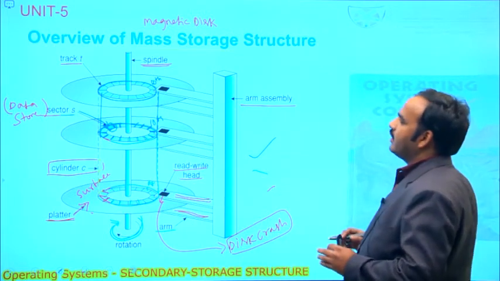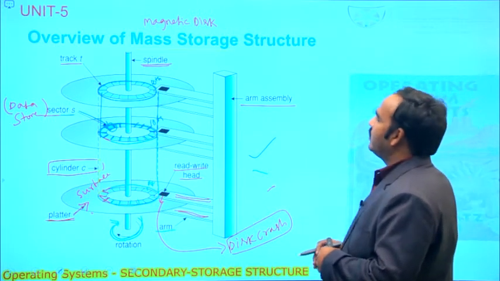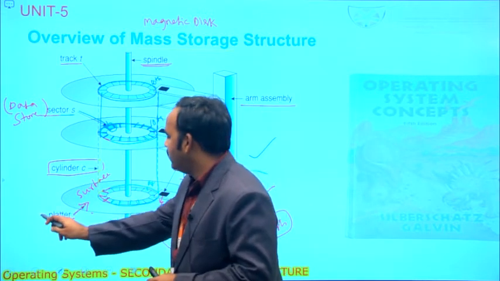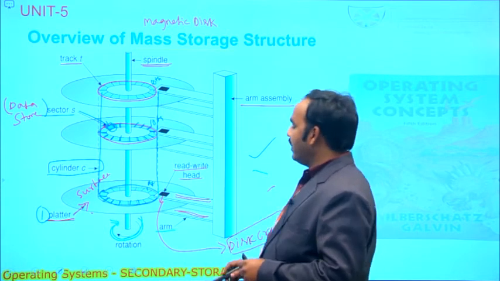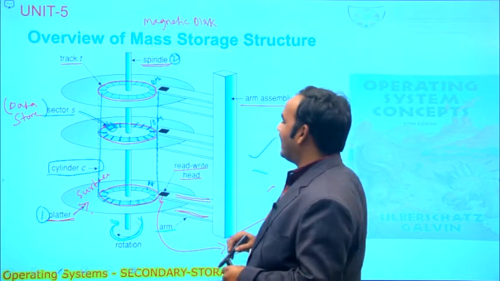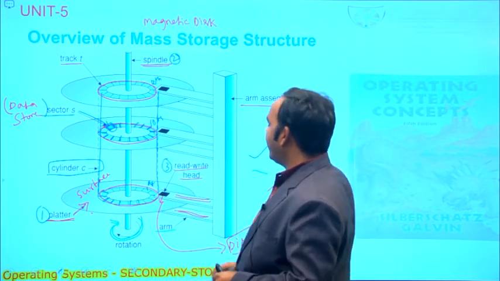So you can understand the components of a mass storage. The first is the platter. Second, a spindle is used to connect all platters. Third is the read and write header.